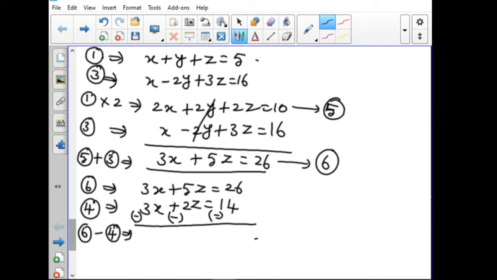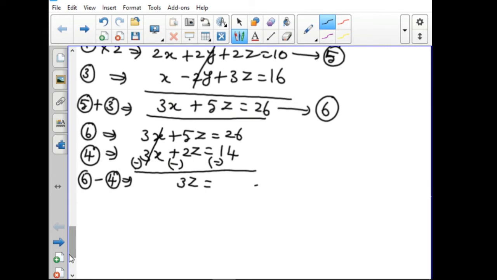So 3x minus 3x will be cancelled. 5 minus 2 means 3z equal to 26 minus 14, which is 12. So z equal to 12 by 3, so z equal to 4.